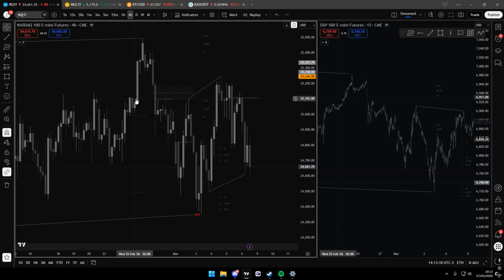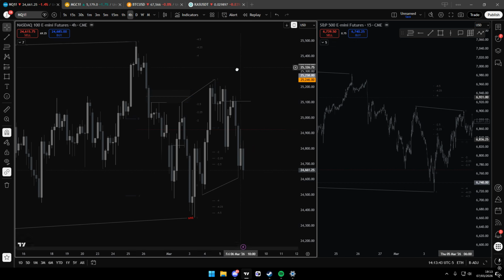So we do get a tap into this, also the inverse, and we also have a 4-hour breaker that wasn't left untapped, but it's still here, so you can choose either the breaker, which is a good invalidation point, or the FVG. That is up to you. But for the sake of this lesson, we will use this.